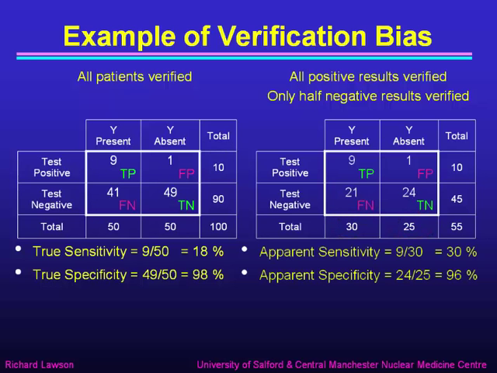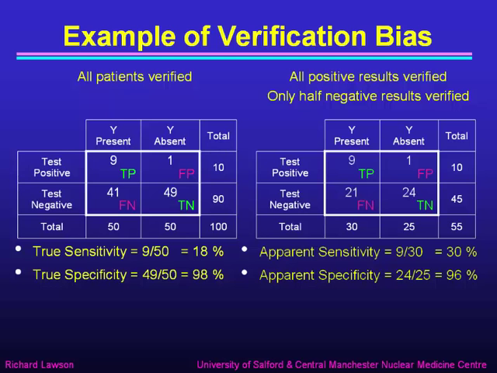So when we work out the apparent sensitivity from this biased data, we find that the sensitivity is 9 out of 30, which is 30%, and the specificity apparently is 24 out of 25, which is 96%. So you see that we have an incorrect or a biased result for the sensitivity and also slightly for the specificity in this case, by not letting everyone go on to have the gold standard test.